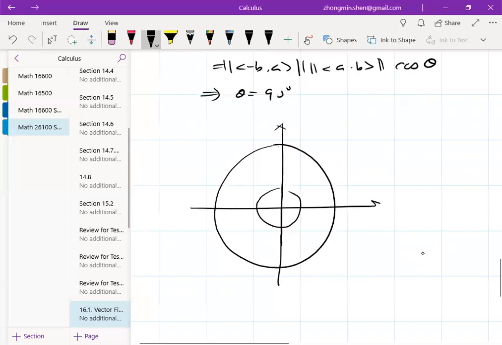So this is a point (x, y), right? This is its position vector. The real vector, in red, will be perpendicular to this one, the same length, but in that direction. So this is the vector F.